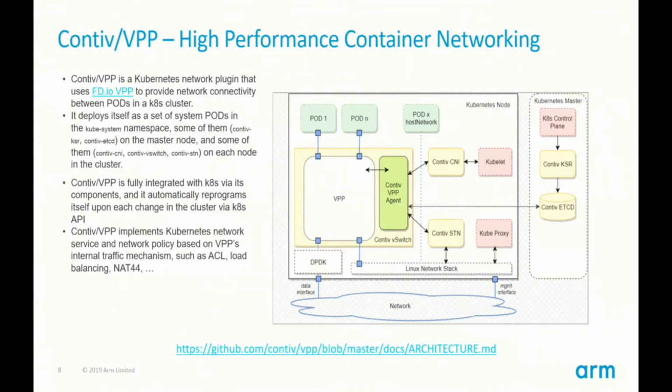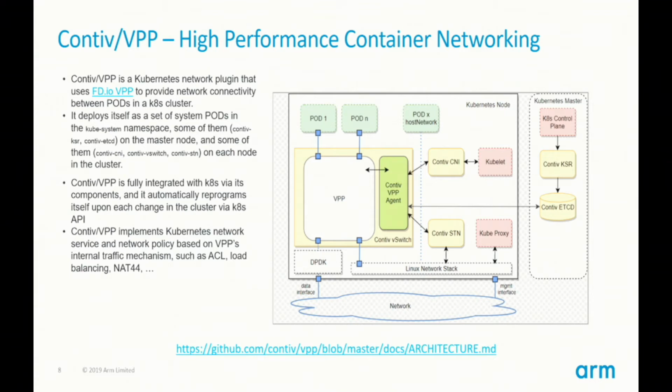The first one is Contiv VPP, which is a high-performance container networking based on FD.io VPP. We know that VPP is vector packet processing, providing network connectivity between the pods in a Kubernetes cluster. It deploys itself as a set of pods in the kube-system namespace.